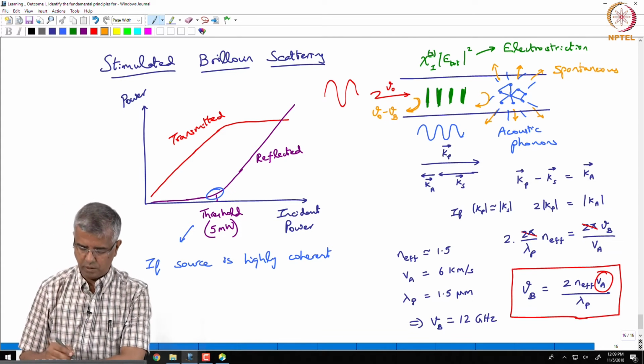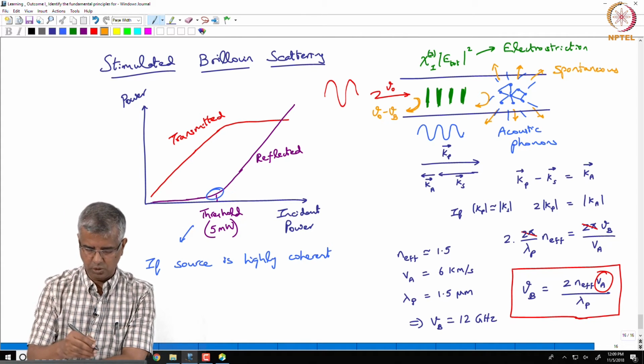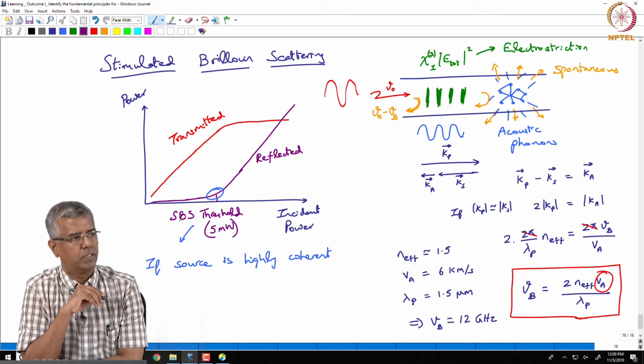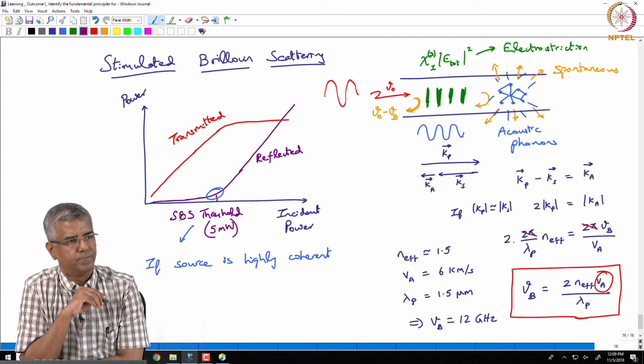And essentially when we are talking about this threshold here, this is the threshold that we are defining for stimulated Brillouin scattering. Okay.